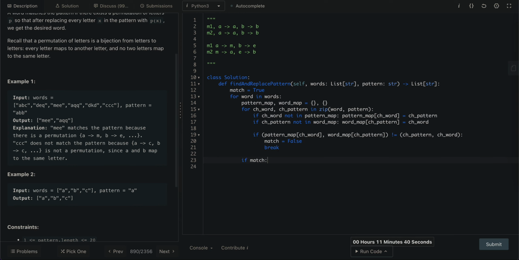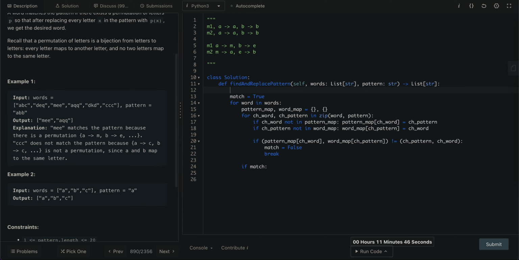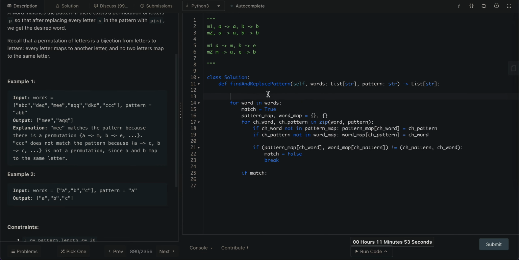If match, then, inside the loop for each word, append the word to the result, which is defined outside, and return the result.